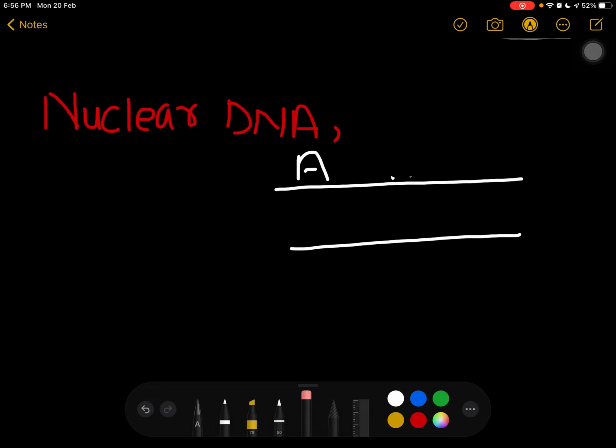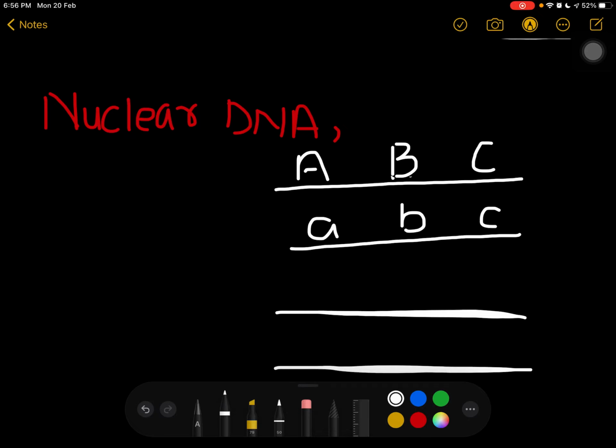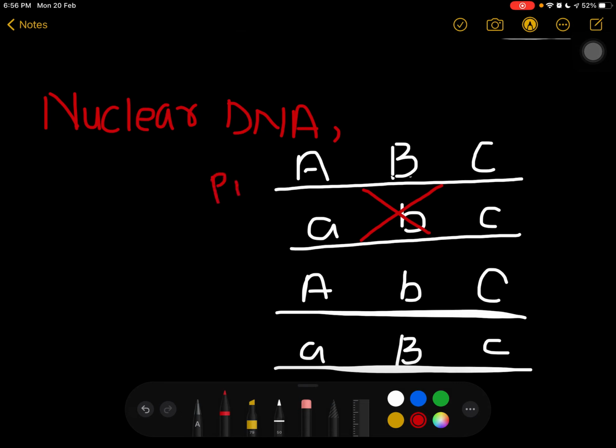Sorry, this is capital A. Here we have capital B, capital C. Here A, B and C. And on the next slide we have something like this, which is A, B and C. So this is a gene which has arrived from parent 1, and this is a gene which has arrived from parent 2. So here we're talking about nuclear DNA.